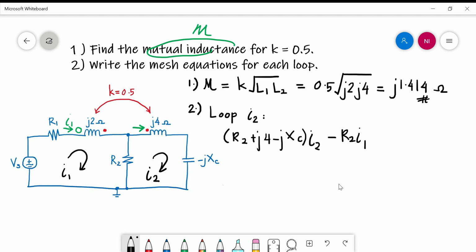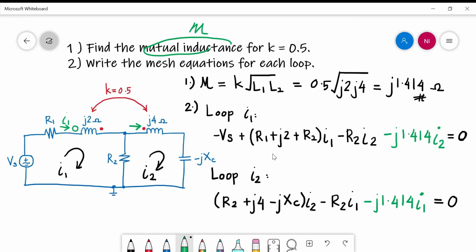So the mutual term M because of current I1. Positive or negative, you must look at two currents, I1 and I2. I1 is undotted and I2 is dotted, so here is negative and this is positive. Negative and positive gives us negative. Then equals 0.